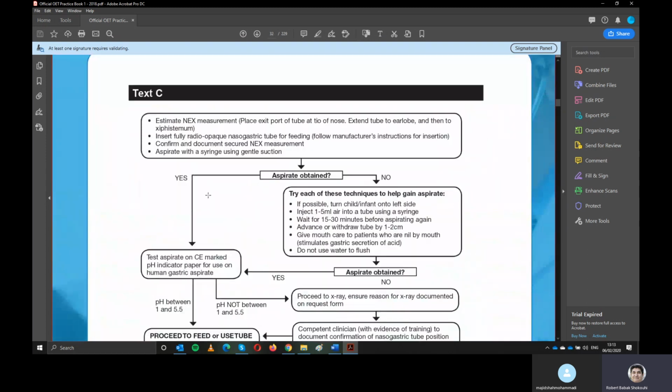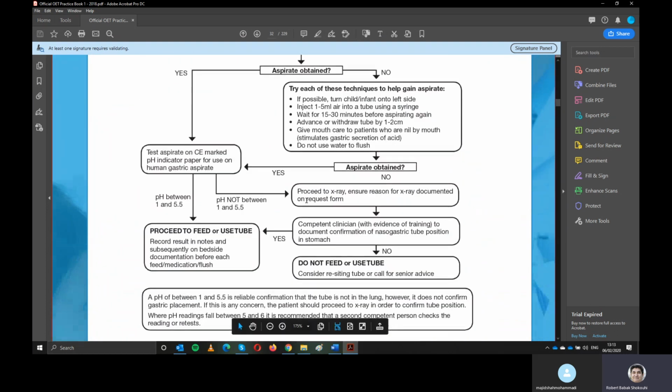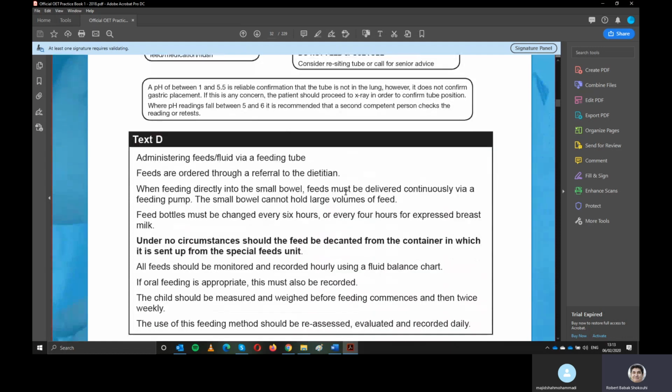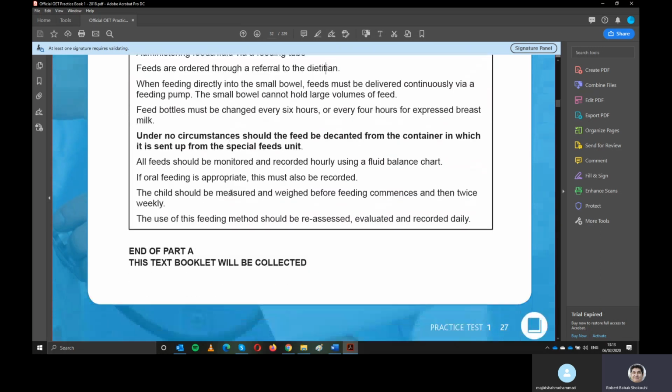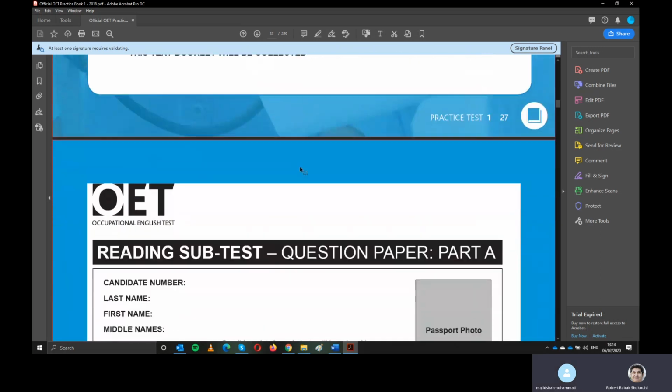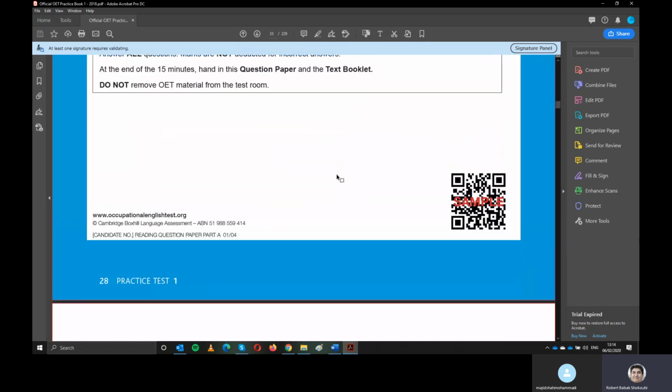I'm recording these for myself. Text C is a flowchart, which is probably about making sure it is in the right place. And text D is about the feeds. Then we quickly have a look at the questions.